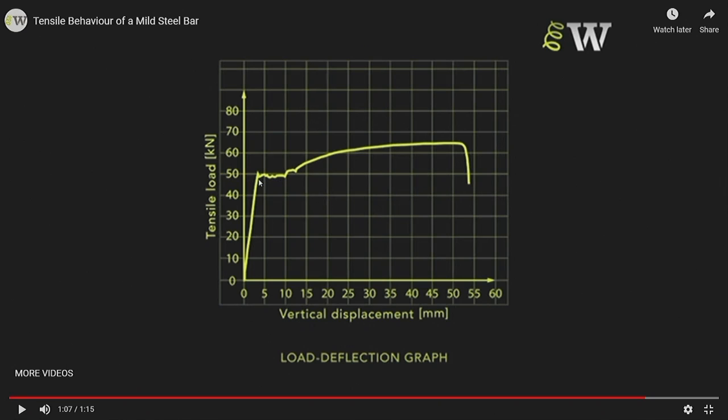Before the yielding happens at a very small load, so small deflection. Yielding happens at about 3 millimeter displacement in this case. But the final failure occurs at almost a 10% increase in the length. So 460 millimeter, about 46 millimeter displacement would be 10%.